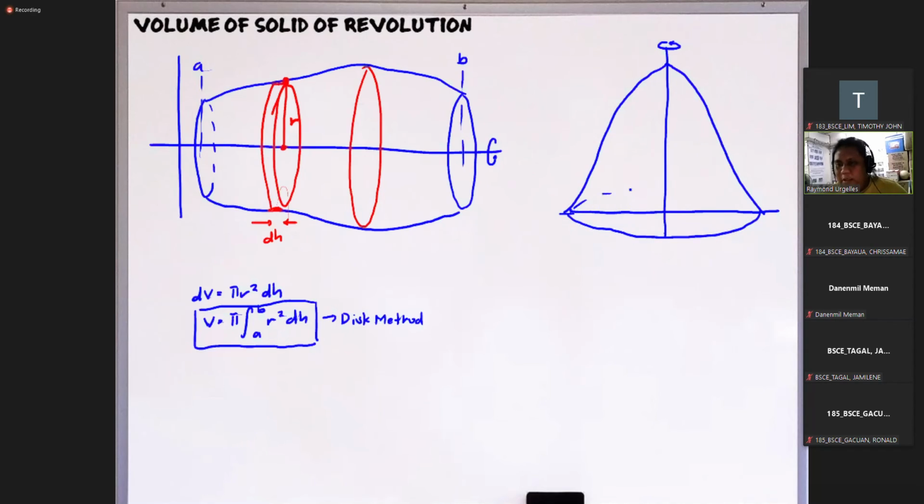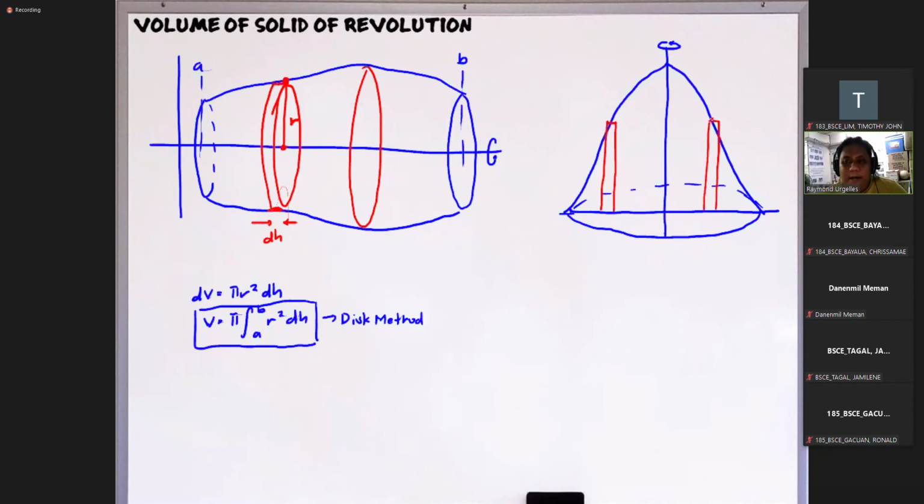Pag kinonsider natin again yung mga cross-section nito, all cross-sections are still circular. Pagdating sa cylindrical shells method, ang idea naman natin dyan is we get yung mga cylindrical shells. Basically, if we consider itong parang strip na to, tapos na-revolve natin siya dun sa axis of revolution natin, we will form something like a cylindrical shell.